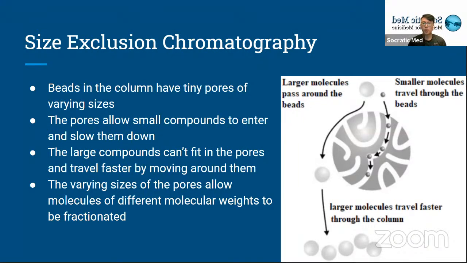The largest compounds will come out first, and as time passes, the smaller compounds will come out, until the last compounds to come out will most likely be the smallest compounds that were stuck in the beads for a long time. So that's size exclusion chromatography.